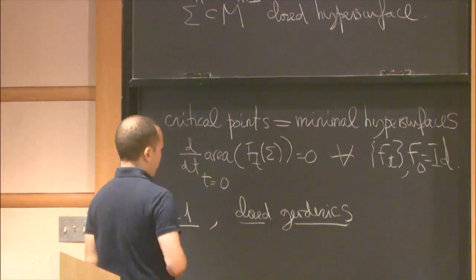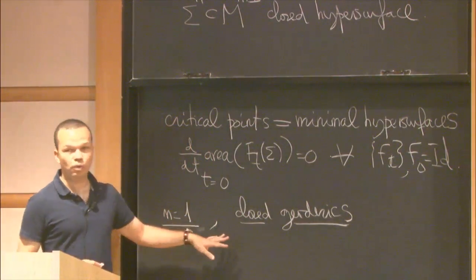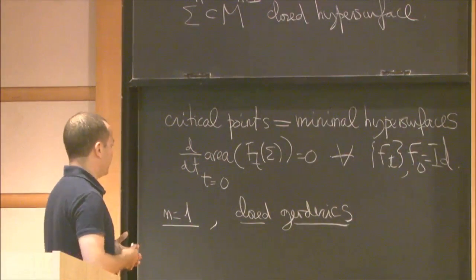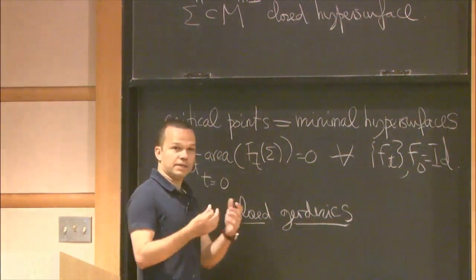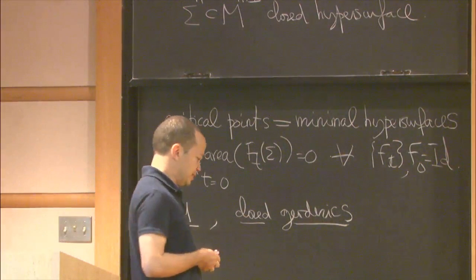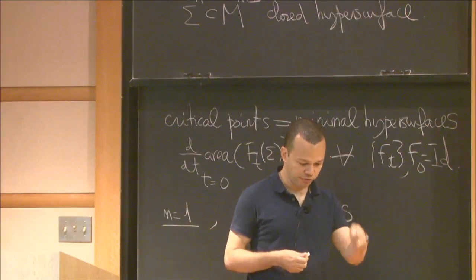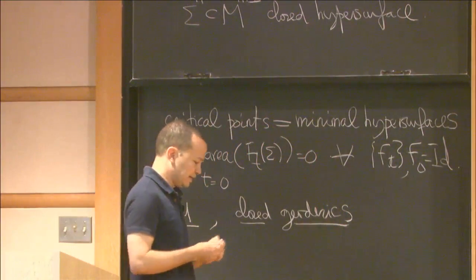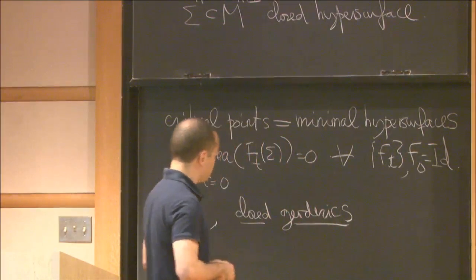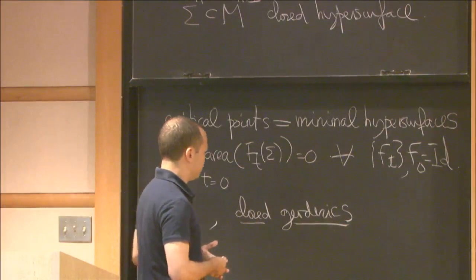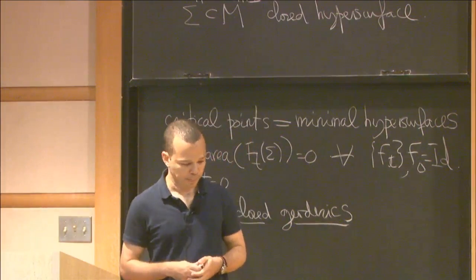So I guess the subject started with a question of Poincaré, who asked whether any Riemannian sphere contains a closed geodesic. If you ask this question for a torus, then it's easy because you can just pick a non-trivial homotopy class, and then you can minimize the length in that class and get a non-trivial closed geodesic. But in a sphere, every closed curve is homotopic to a point, so that's not going to work.